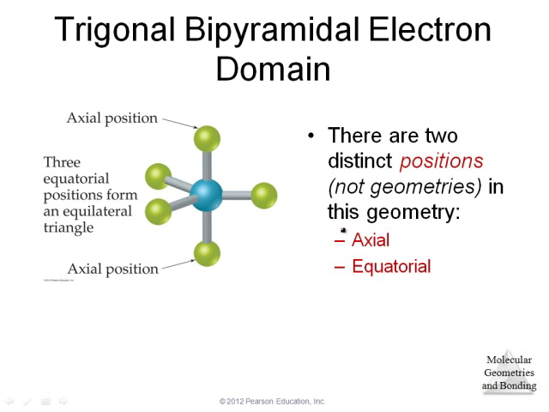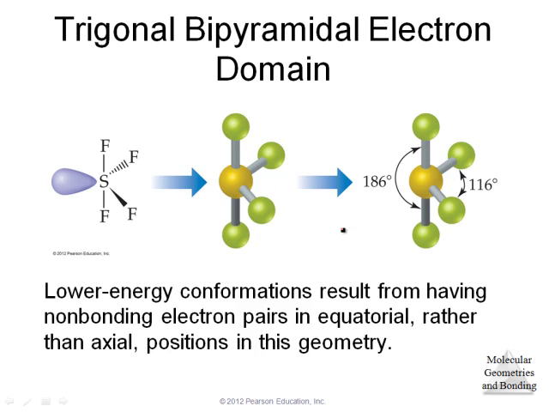Now, usually the non-bonding electrons go to the equatorial positions. They prefer the equatorial positions because it results in a lower energy conformation.